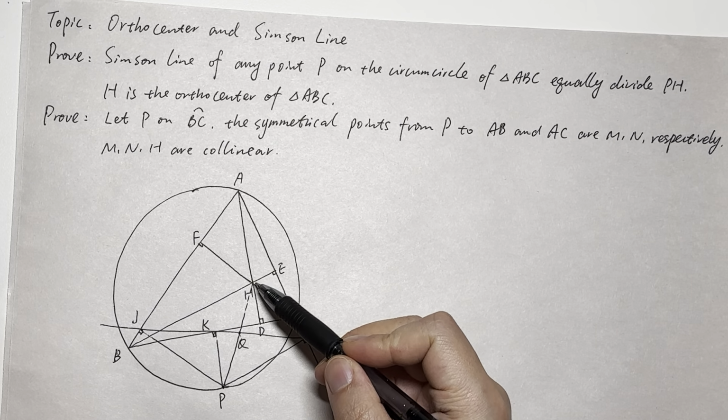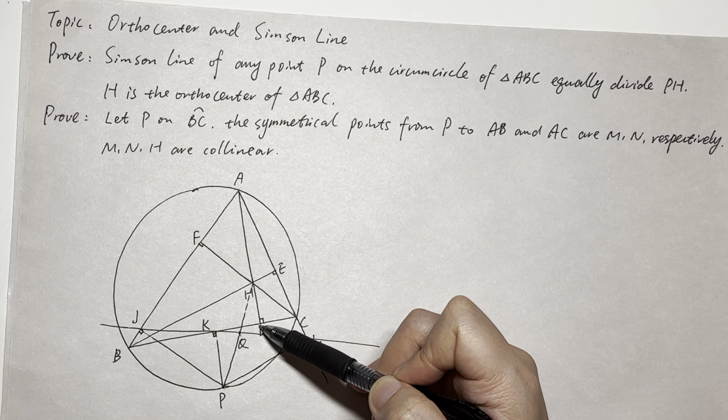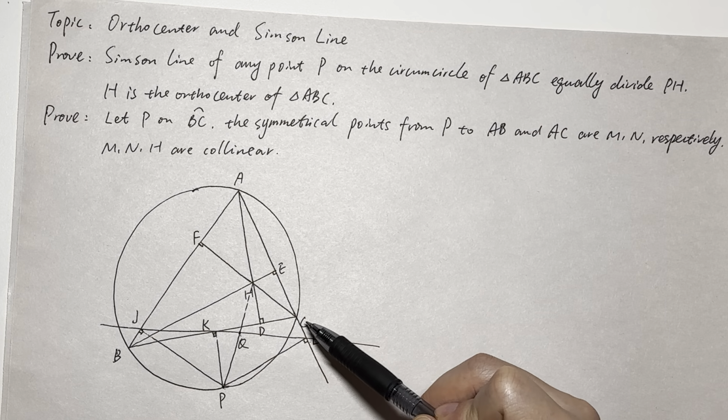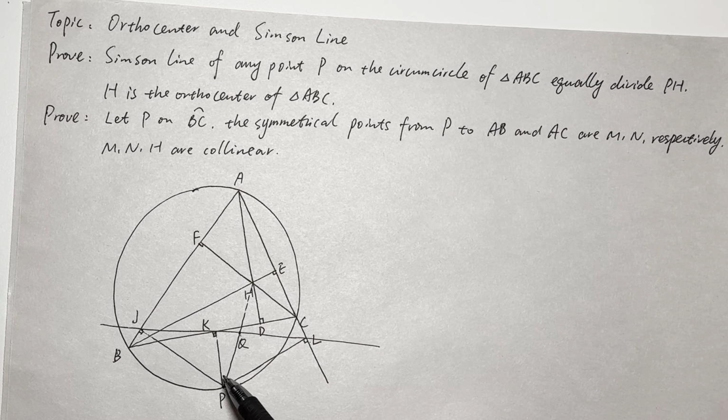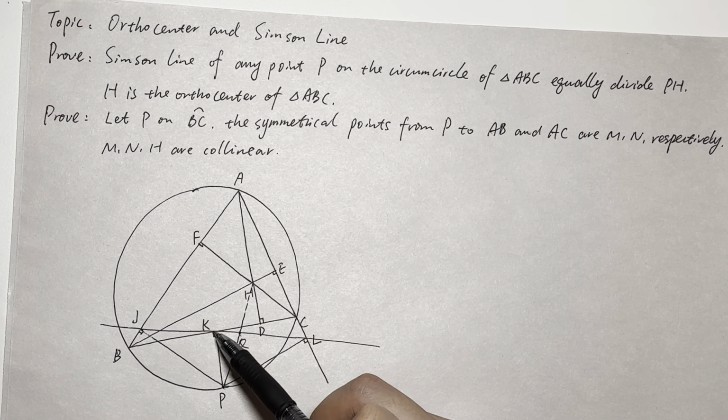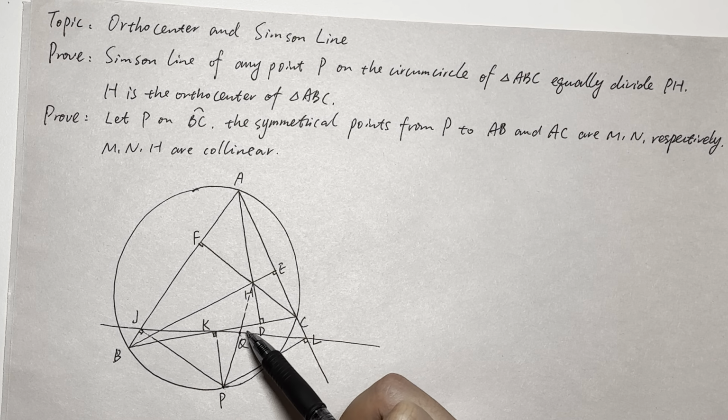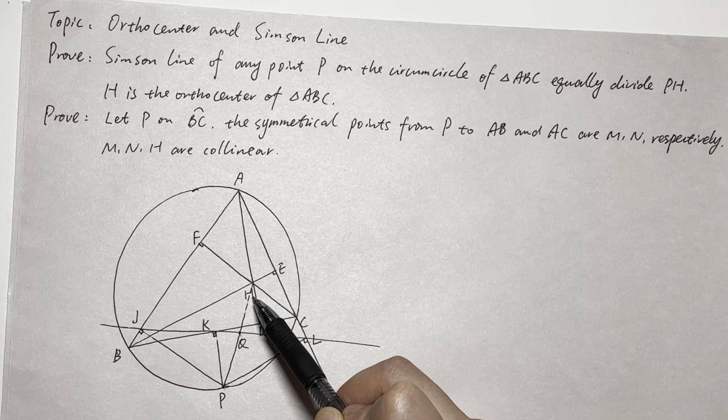Because angle KQP equals angle HQL, right? These two angles are equal. And we know that PK is perpendicular to BC and HD is perpendicular to BC, which means KP is parallel with HD, which means this angle, the angle KPQ, equals angle QHD equals this one.